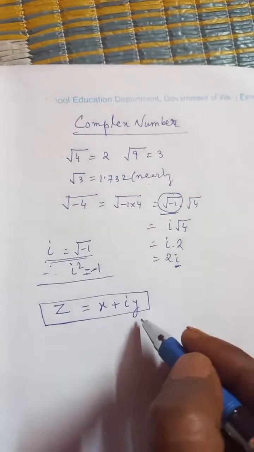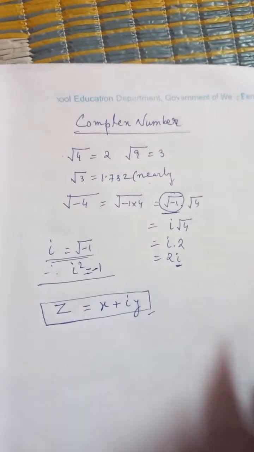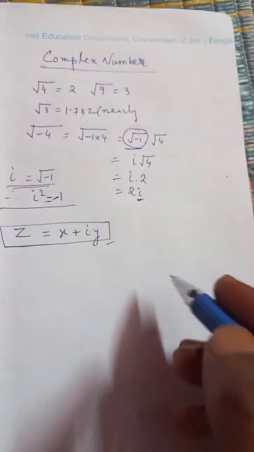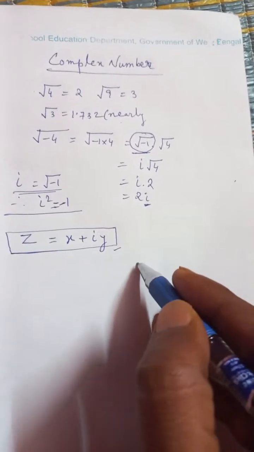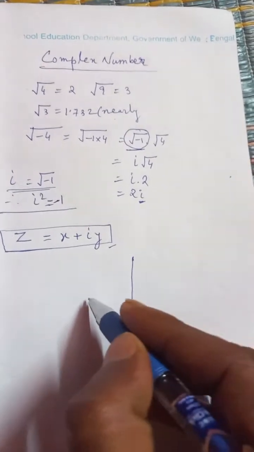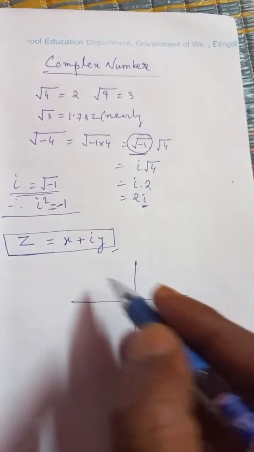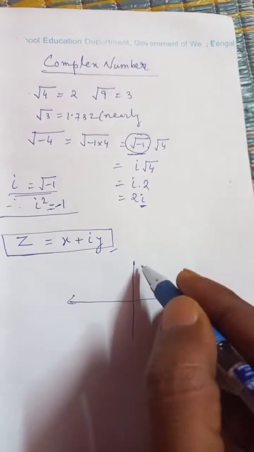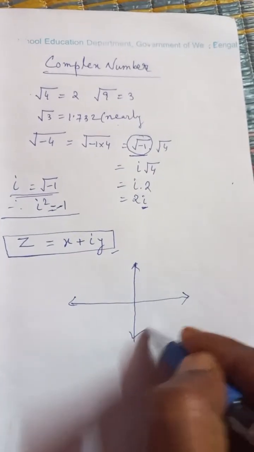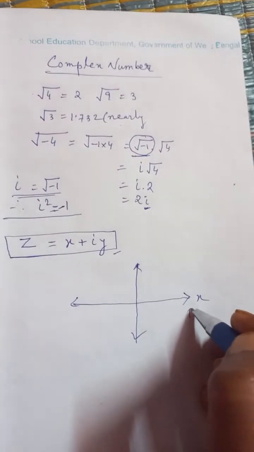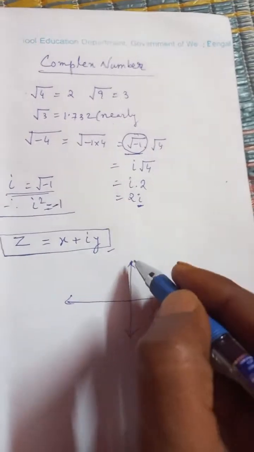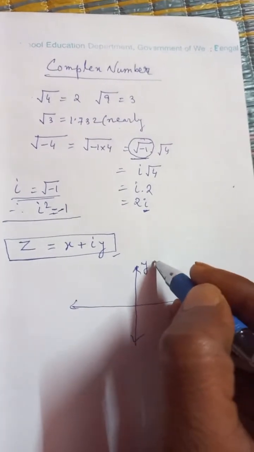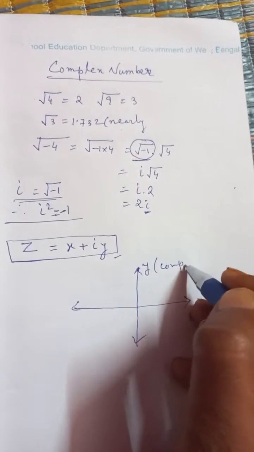So what are the possible outcomes from complex numbers? First we try to draw a two-dimensional figure and represent it there. This is the x-axis, which is real, and this is the y-axis, the complex line.